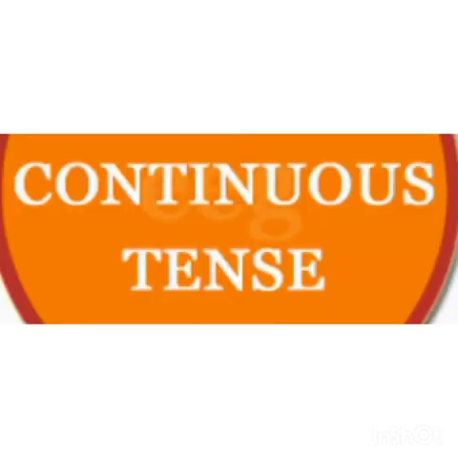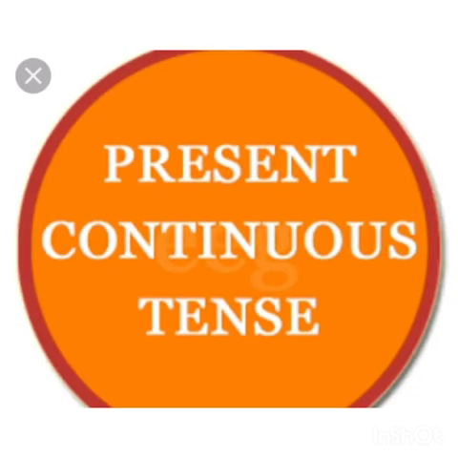We make use of the continuous tense when we want to express an action that is going on in the present, or an action that has been going on in the past, or an action that will be going on in the future. Let us now begin with the present continuous tense.